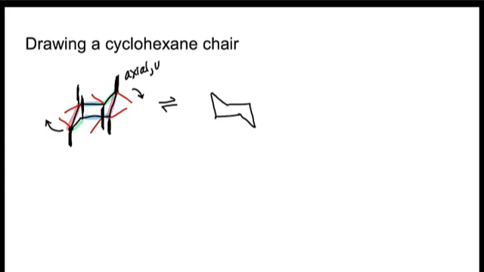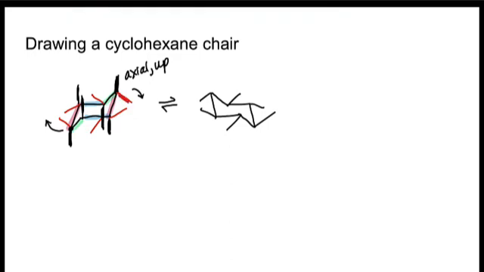On the ring flipped structure, the bond that was axial pointed up is now going to be equatorial pointed up. All right? And then we're just going to alternate again all the way around. Equatorial up, equatorial down, equatorial up, equatorial down, up, and down.